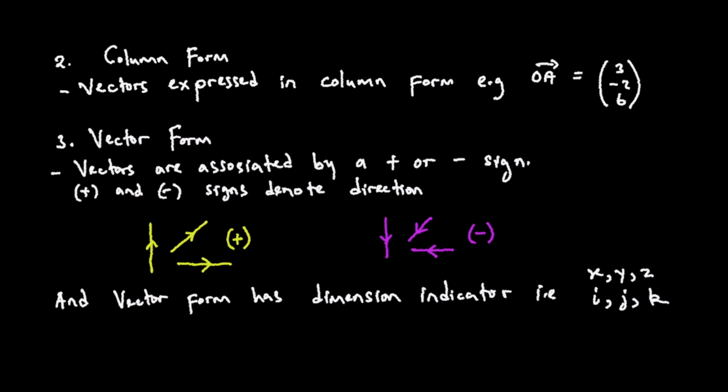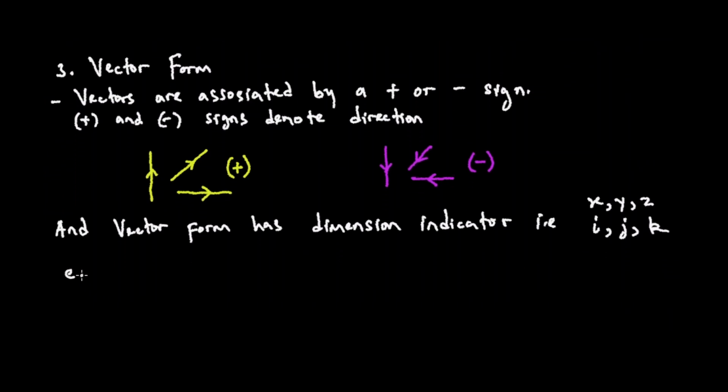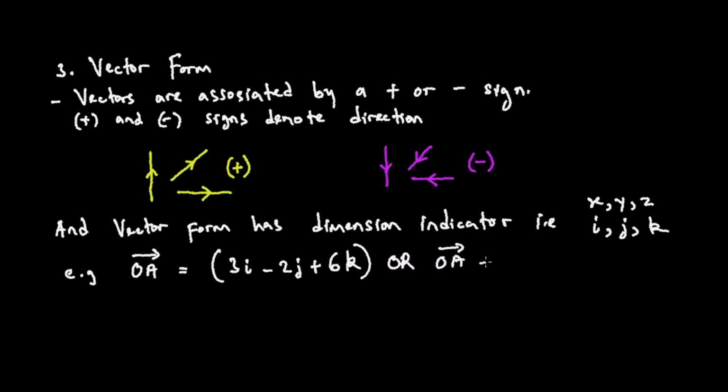And our example here is going to be OA. We recognize it as a position vector, which is then 3I minus 2J plus 6K, and OA can also be denoted 3x minus 2y plus 6z. That is how we call them.